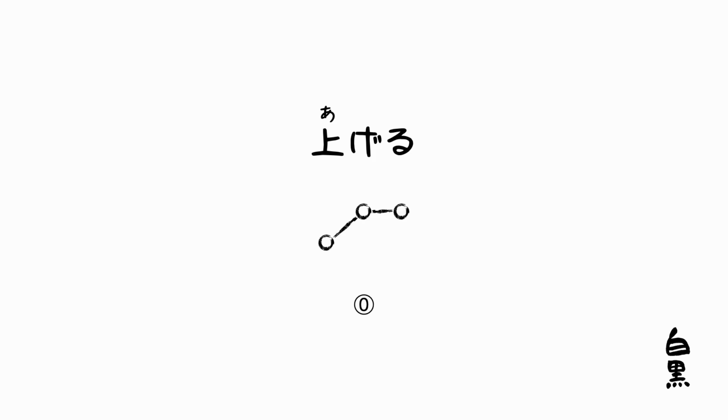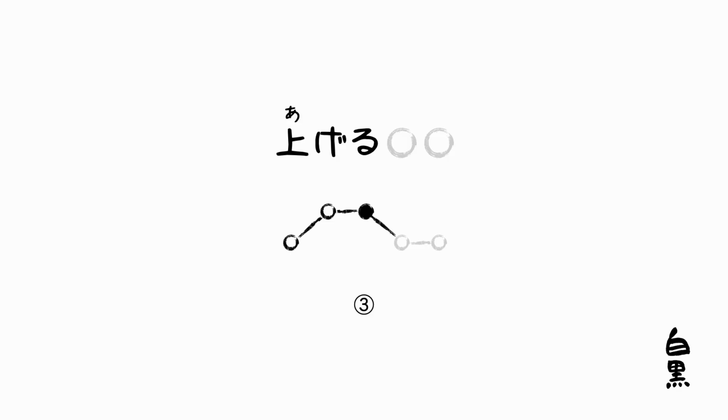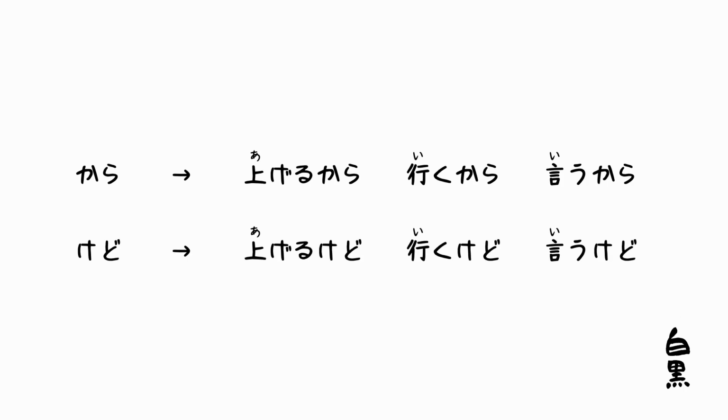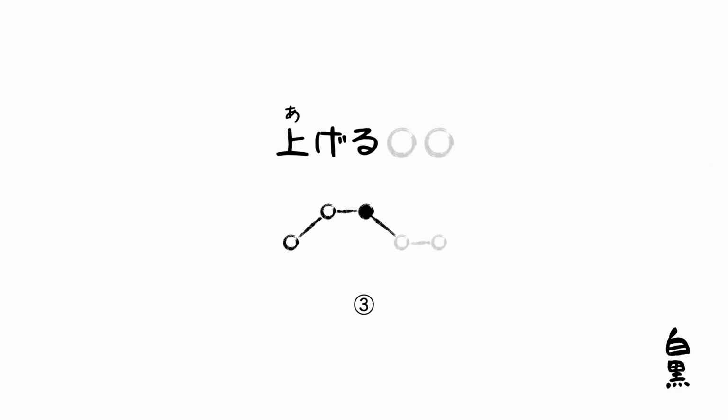But when it's followed by certain particles, it can sound like pattern D. For example, から、あげるから or 行くから、言うから。Also, けど、あげるけど or 行くけど、言うけど。However, this overall pitch is not considered to be determined by the verb itself, but by the pitch accent or characteristics of these particles.